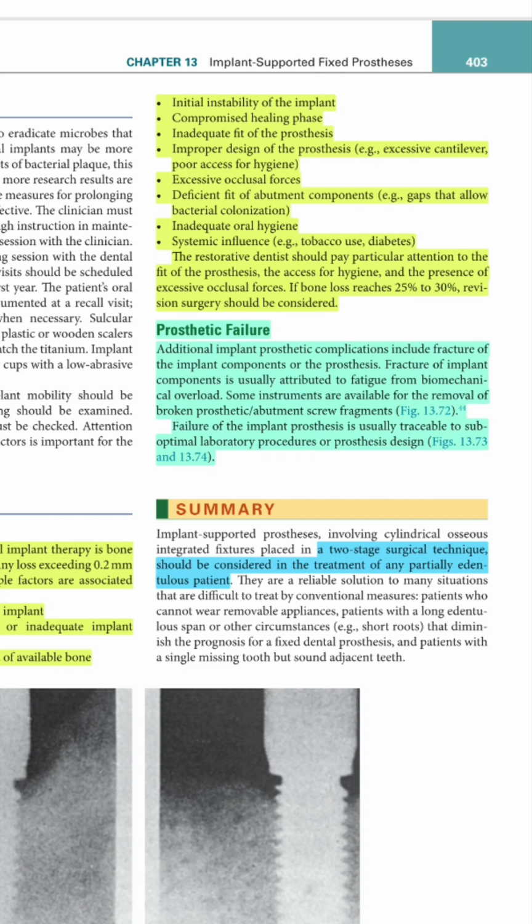Also, if there is a bone loss that reaches 25 to 30%, a surgical reconsideration must be taken.